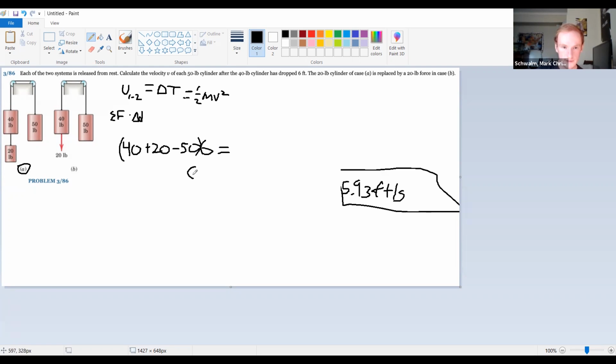Okay, so this side is going to be 60 again. Then we get the 1/2 over here. Mass again. This time, the 20 pounds shouldn't be accounted for in mass. So we have 40 plus 50 divided by 32.2 times v squared.